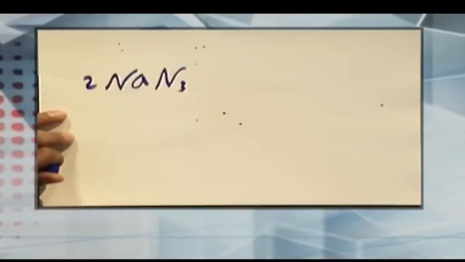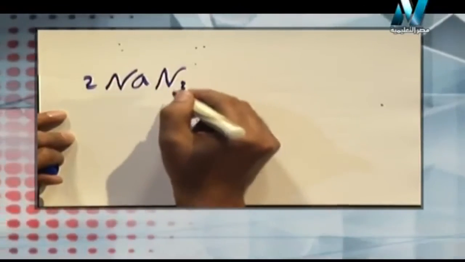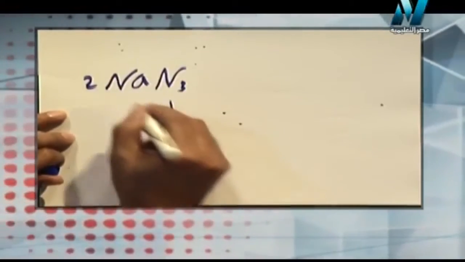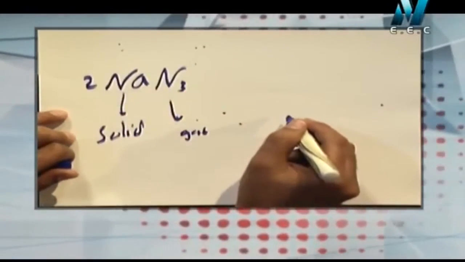Last point in this episode, Mr. Wael, you have to write about the airbags. Yes, okay, airbags, it's a good life application. Yes, the airbag protects the driver of the car. It contains Na, sodium, N3, sodium azide. Nitrogen is a gas, sodium is solid, but NaN3 is not a gas, it is solid.